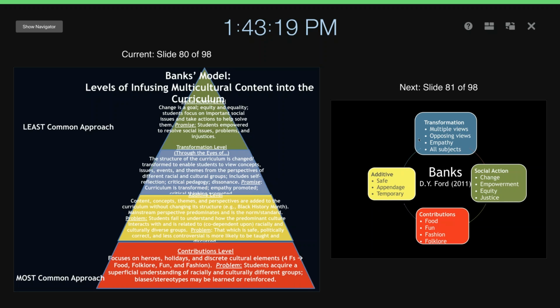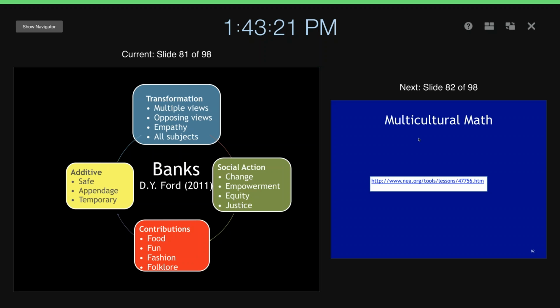So I'm going to put this diagram up here so that you can see those words again. Additive is missing the one that says one perspective. So social action, empowerment, equity, justice would be what we're talking about in terms of multicultural social action. I did that in about 10 minutes trying to explain Banks.